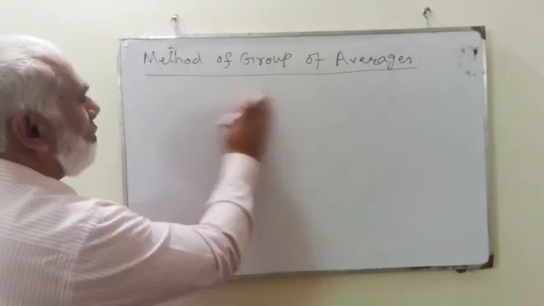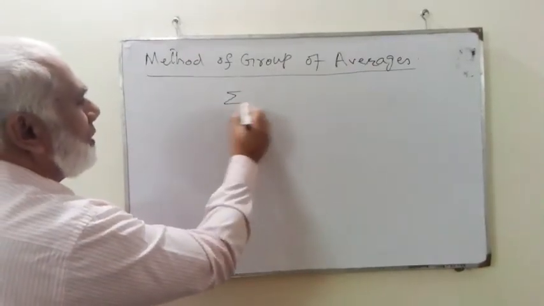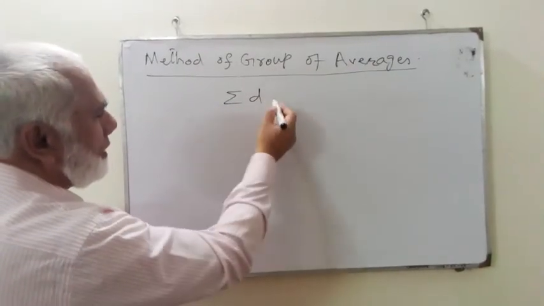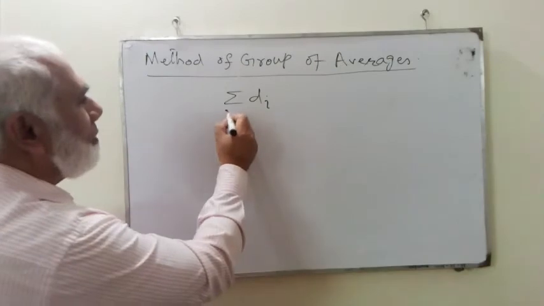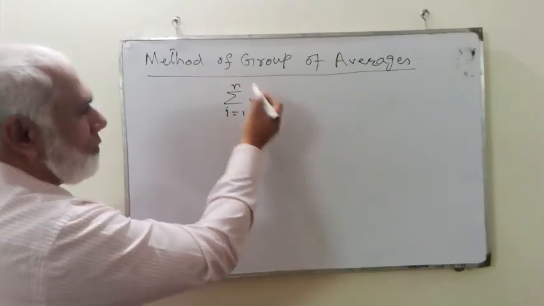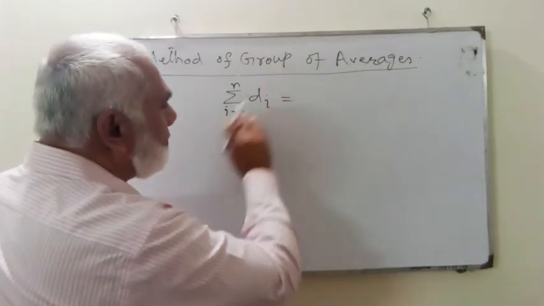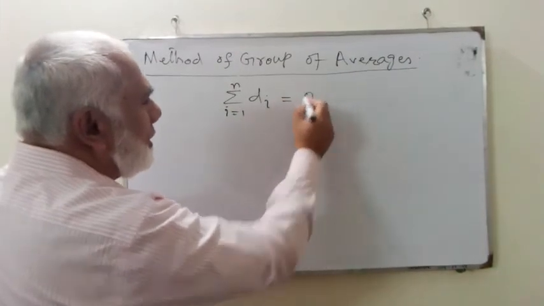Okay, so the assumption is the sum of all the differences, if I represent the sum by sigma notation, and di stands for the differences ranging from i equals 1 to n for all the points, and the sum of these differences is equal to 0.